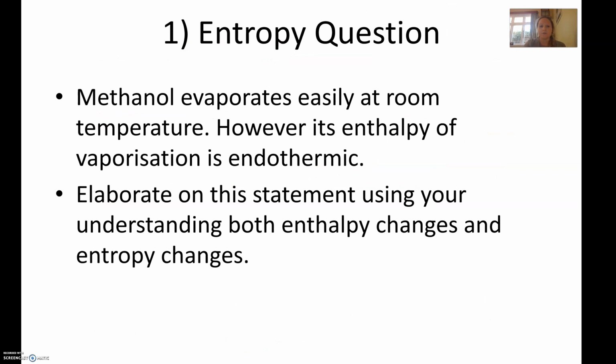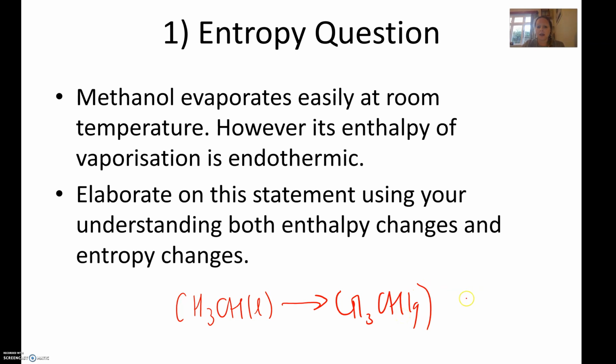Here's another question. Methanol evaporates easily at room temperature. However, its enthalpy of vaporization is endothermic. Elaborate on this statement using your understanding of enthalpy and entropy changes. So evaporation of methanol, CH3OH. Evaporation is going from liquid to gas, so CH3OH gas.